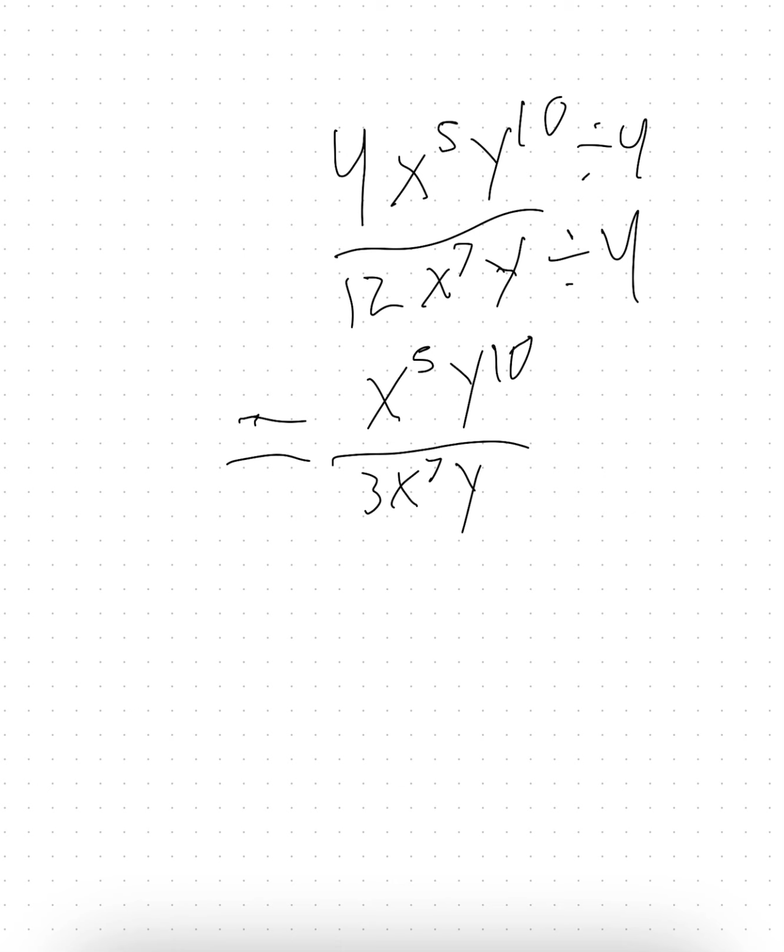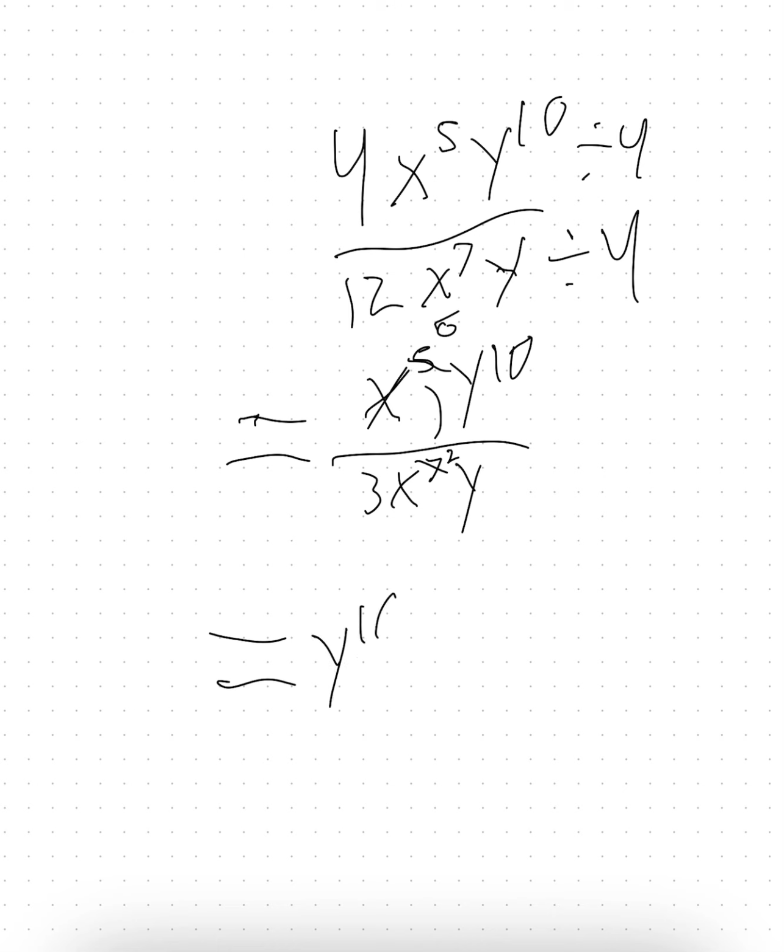Now, how do we simplify this further? Well, with our subtraction or division law, we can subtract these. So we're going to take out a 5 from here, and a 5 from there, leaving us with a 2 at the bottom. Now, when we subtract, we need to take out the largest from the top. So this goes away because x to the 0 is 1.